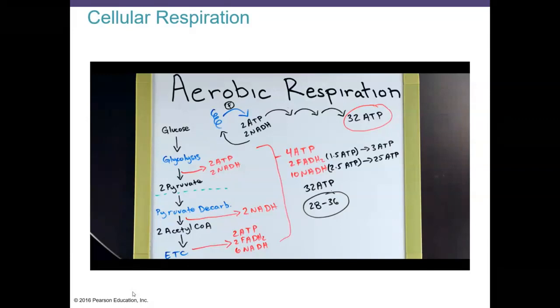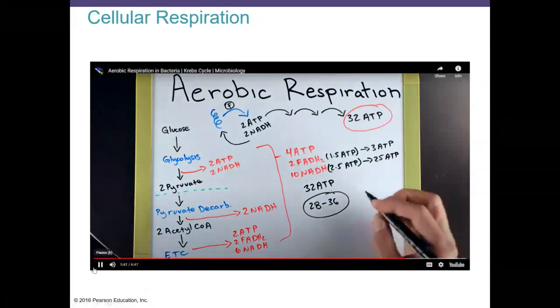Is it 28, 30, 32, or 36? That to me would be extremely rare. In my experience, they'll give you some numbers that might have some correlation or no correlation at all, but they're going to be very off from this range right here.